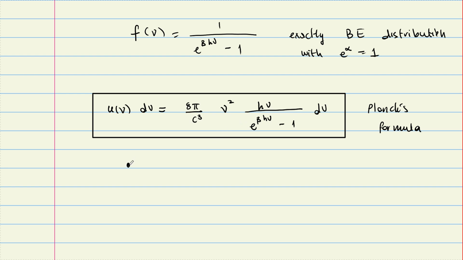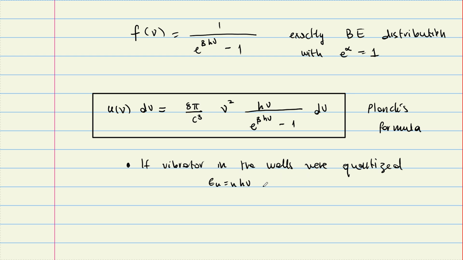First of all, what is quantized is not the walls of the cavity. If vibrators in the walls were quantized, we wouldn't have En equal to n h nu, right?